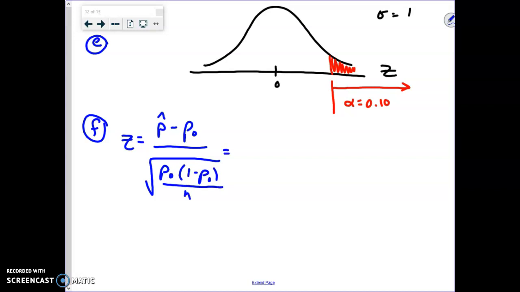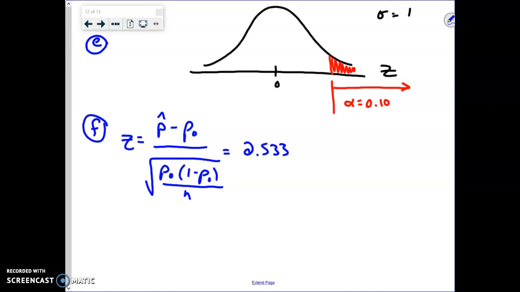Now, if you do the calculations very carefully, you get about 2.533. So our percentage for our sample is about 2.533 standard errors away from the center of this distribution.